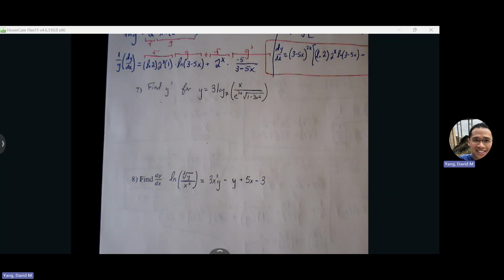The larger rule is log base a of u becomes 1 over ln of a times u prime over u. So with a = 7, it becomes 1 over ln of 7 times u prime over u. The e to the 2x is its own rule, it's going to live up here.